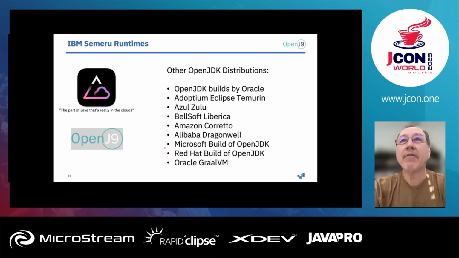A lot of folks ask, so why does IBM have their own distribution? Well, they're not alone. There's a number of new distributions coming out over the last couple of years, basically to not compete with, but as an alternative to the Oracle distribution, especially when they're changing some licensing and things like that. So basically the distributions are to protect their customer base. So they're saying, get your Java from us.